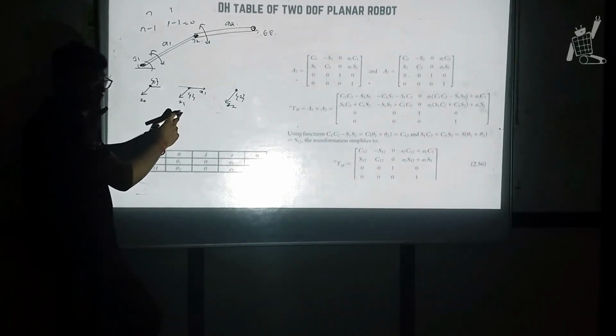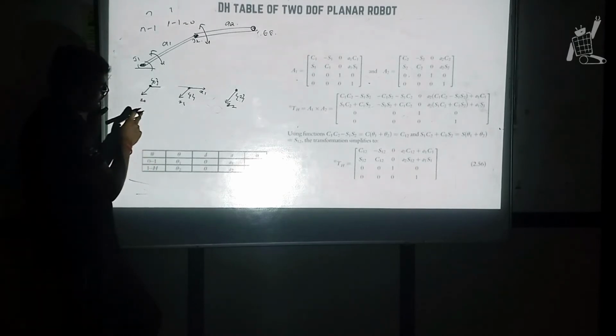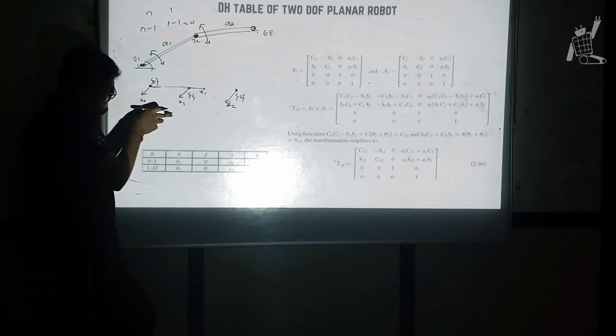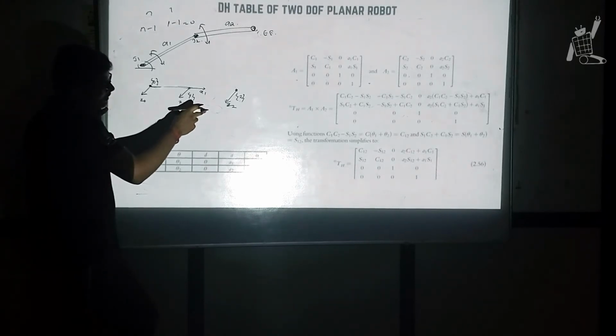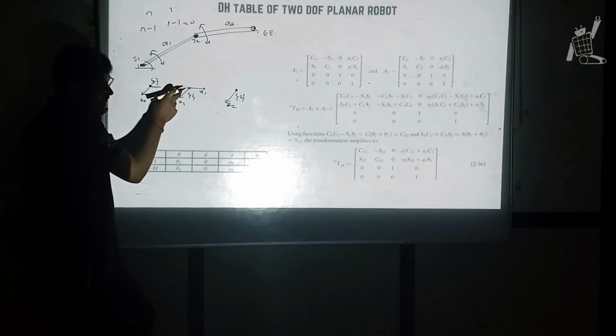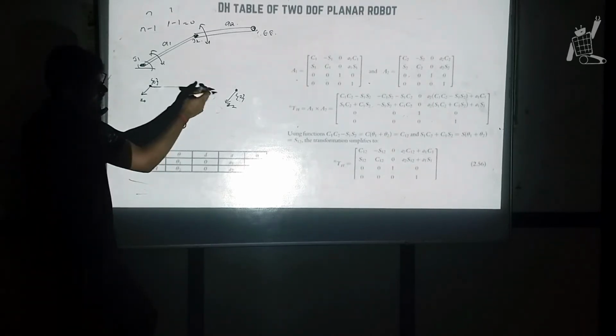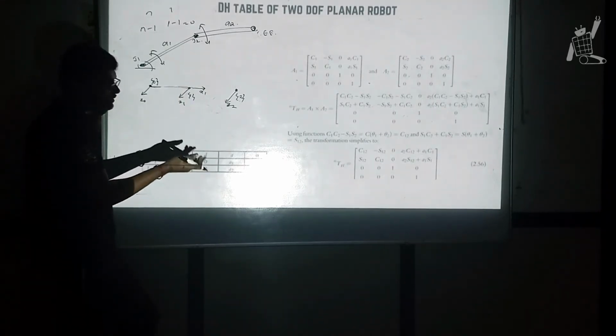So you can mark x1 in the direction of the common normal.